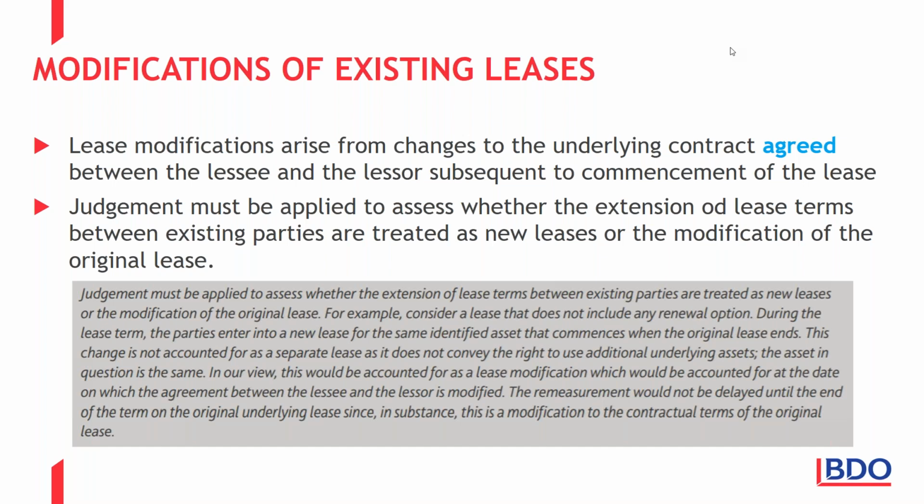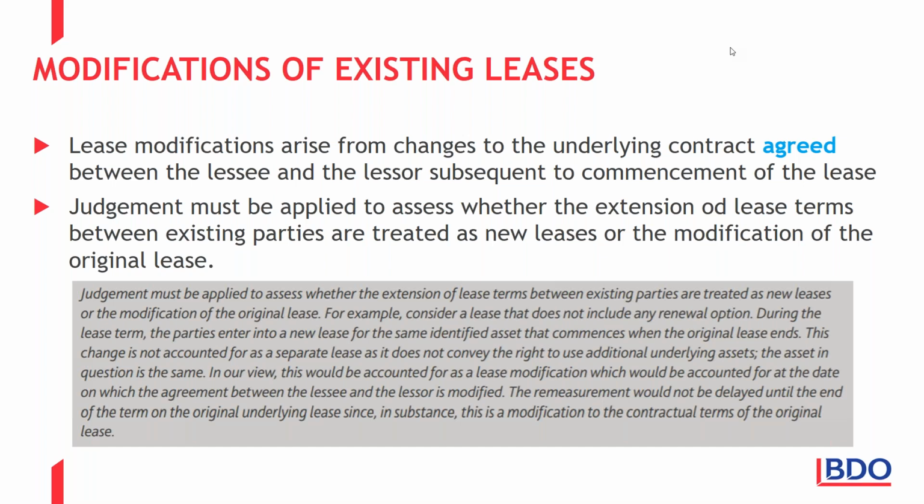So the other important point to note is that judgment must be applied to assess whether the extension of the old lease terms between existing parties are treated as new leases or the modification of the original lease. Now, I see this in practice quite a bit.